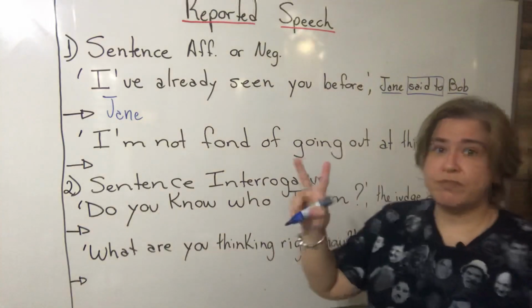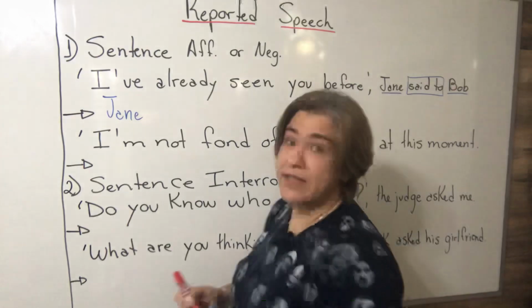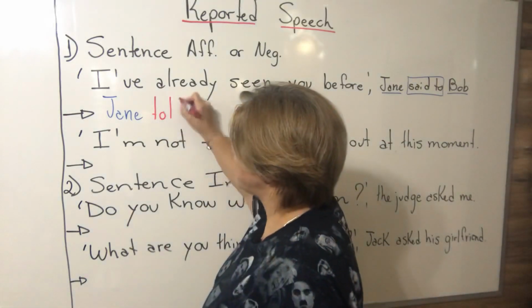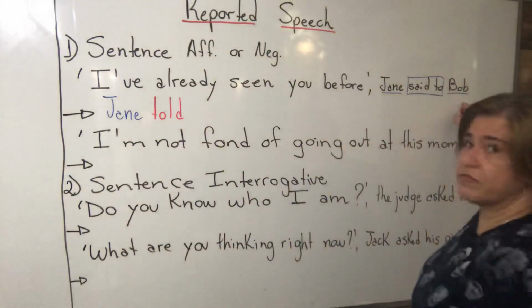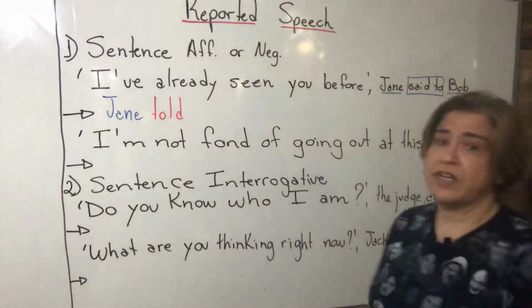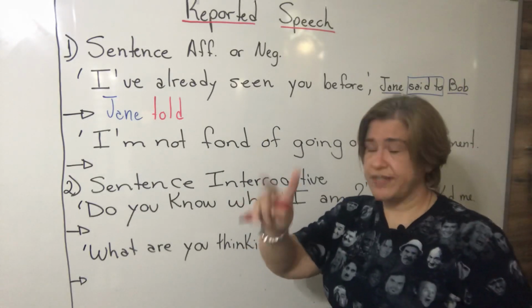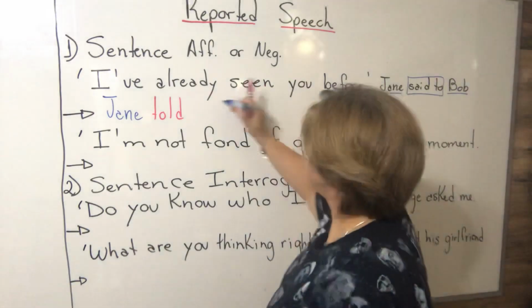When we have the two people of a conversation, the best verb and the only verb you must use in this case is told. Said is not allowed when you have the two people of the conversation. So, Jane told Bob.